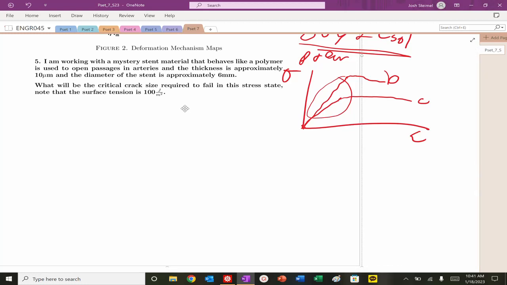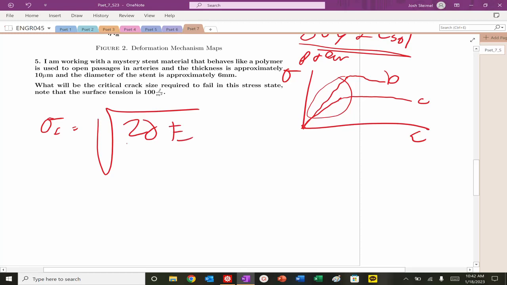We have a couple of fracture equations, effectively, available to us. What are they? Well, one of them is our Griffith criteria. So we know that our stress at failure equals square root 2 gamma E over pi A critical.